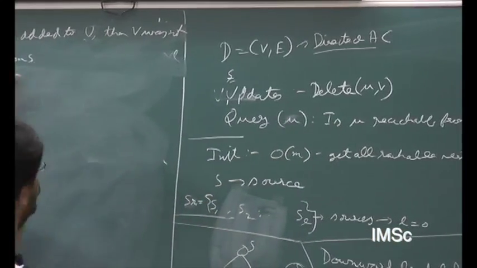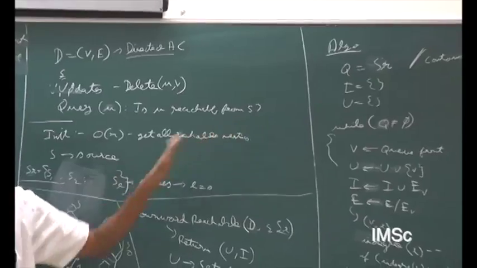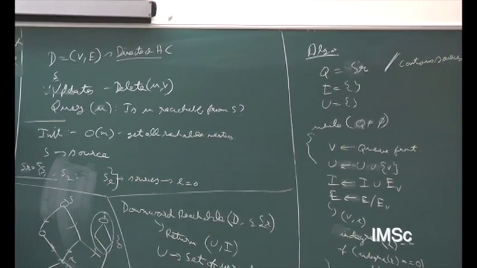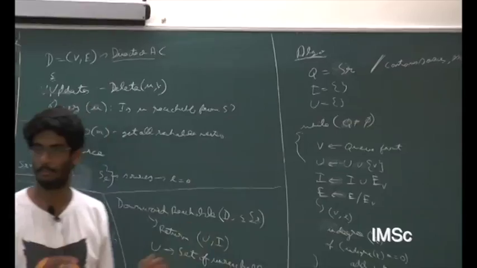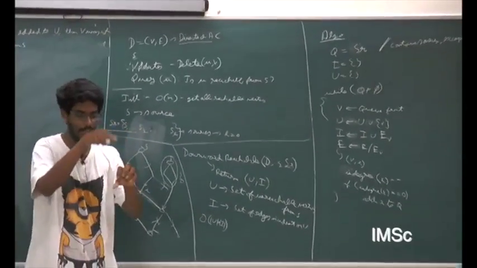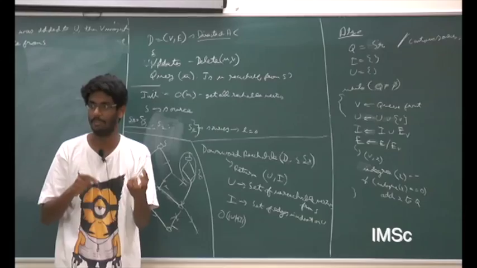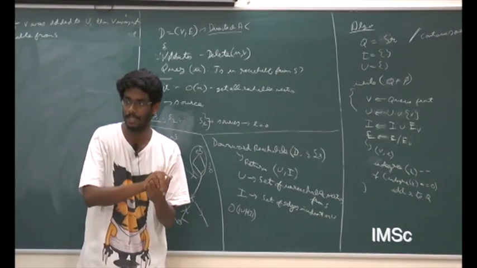If V was in the initial sources, then it's deleted. We are fine. That's not a problem. Otherwise, V was added to the queue at some point. Why was it added to the queue? It was added because its in degree became 0. That is, all its incoming edges had been deleted. But why had they been deleted?